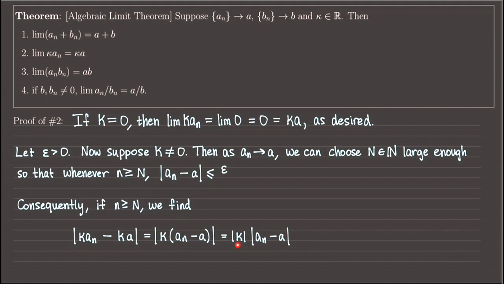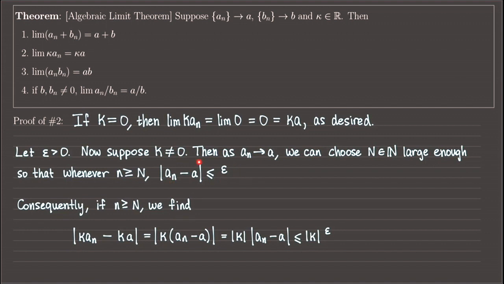Now we've got this number out front, and a_n minus A right here. Well, for all indices beyond the threshold, this expression we've currently set to be less than or equal to epsilon. So now we've got kappa times epsilon. Again, that's not bad, but let's adjust it to make sure we actually land on epsilon at the end.